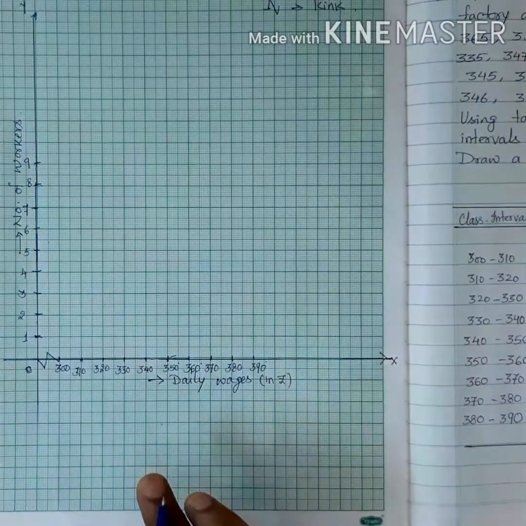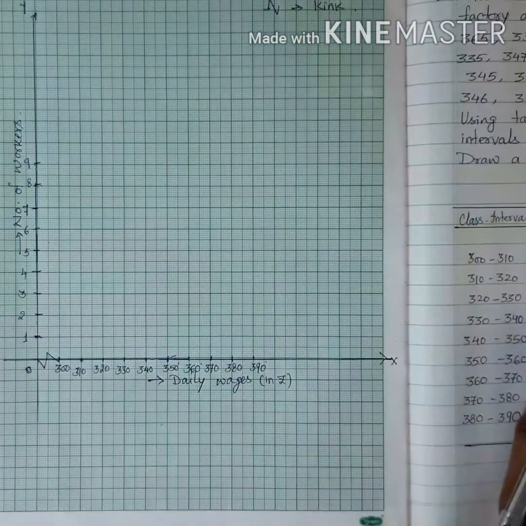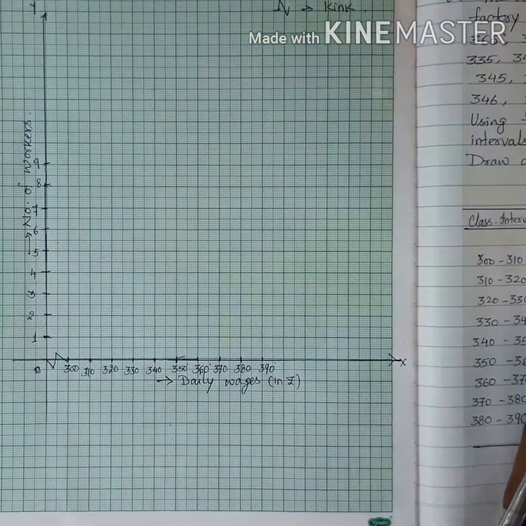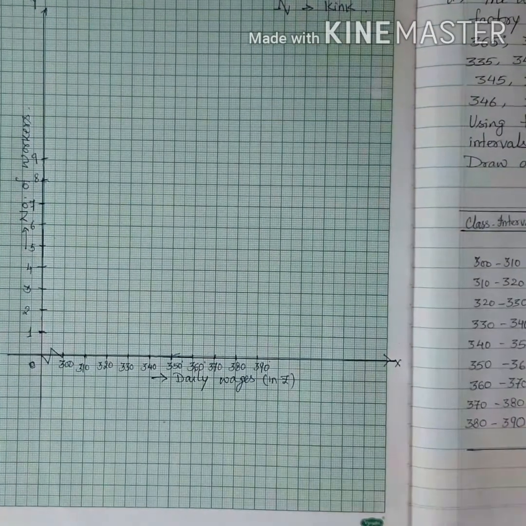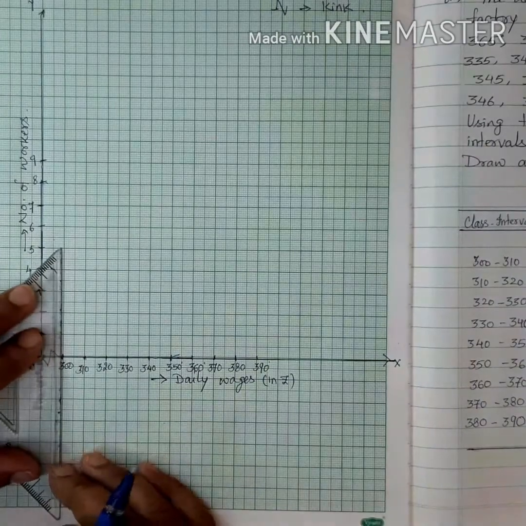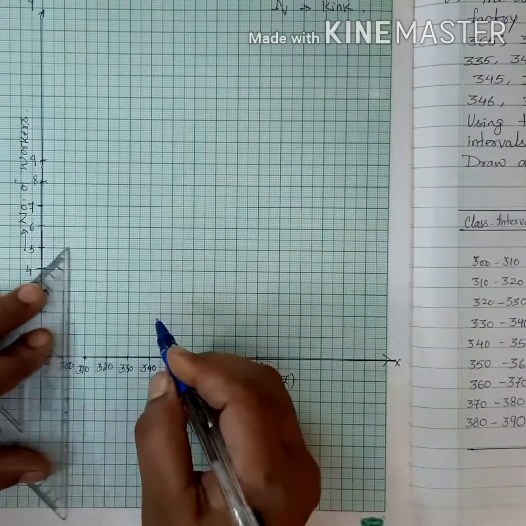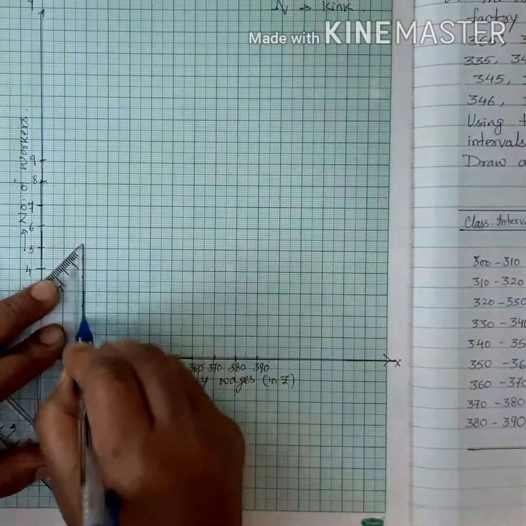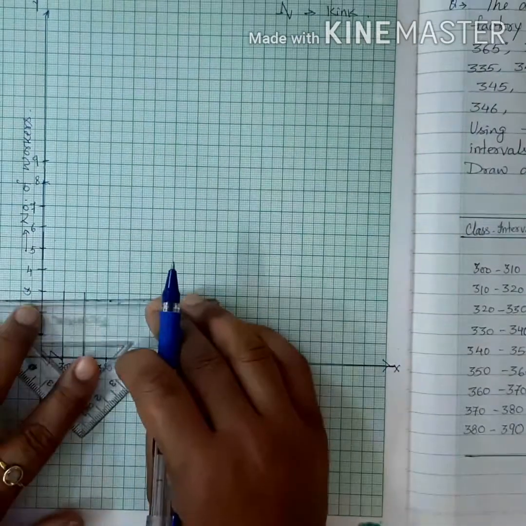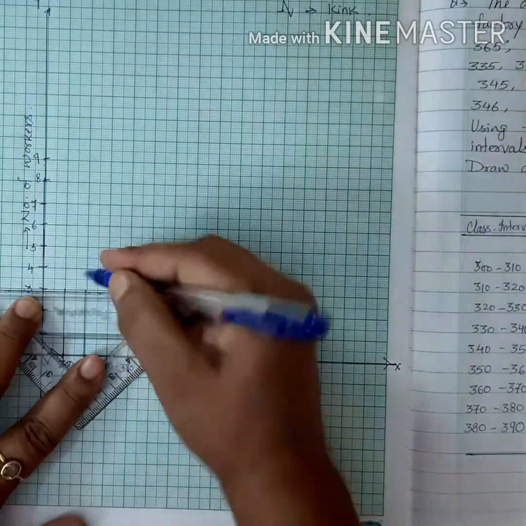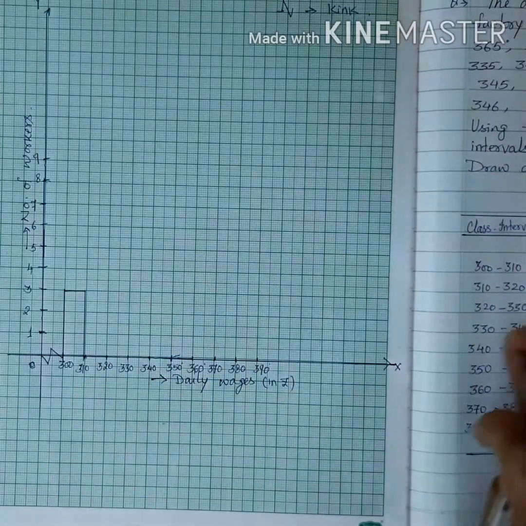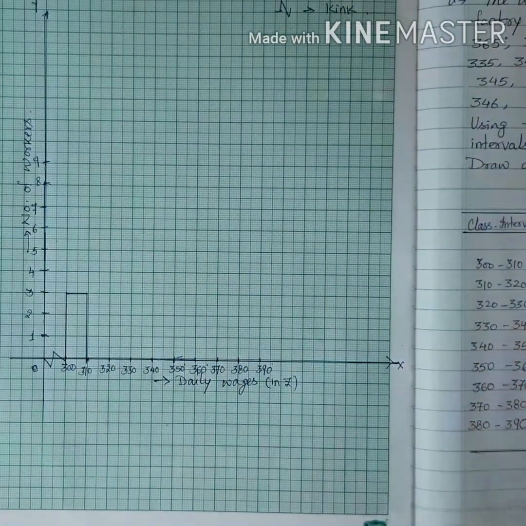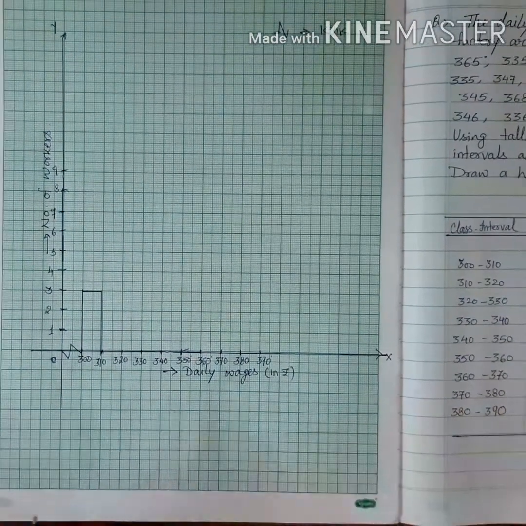First, for 300 to 310 the frequency is 3. So for 300 to 310 it is 3, and for 310 to 320 only 2.